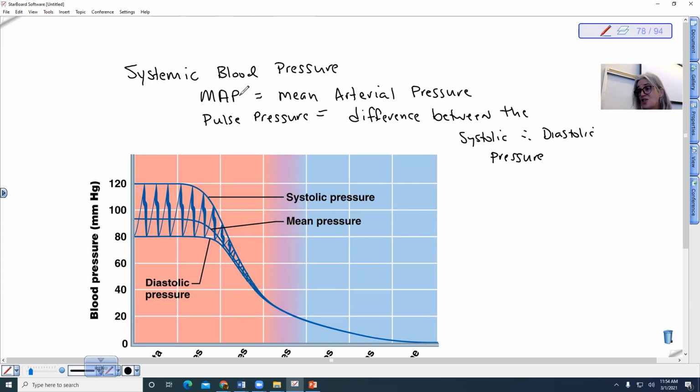Systolic is higher, so it's not negative. And remember, the pulse is just the throbbing of the blood as it moves through those elastic arteries.